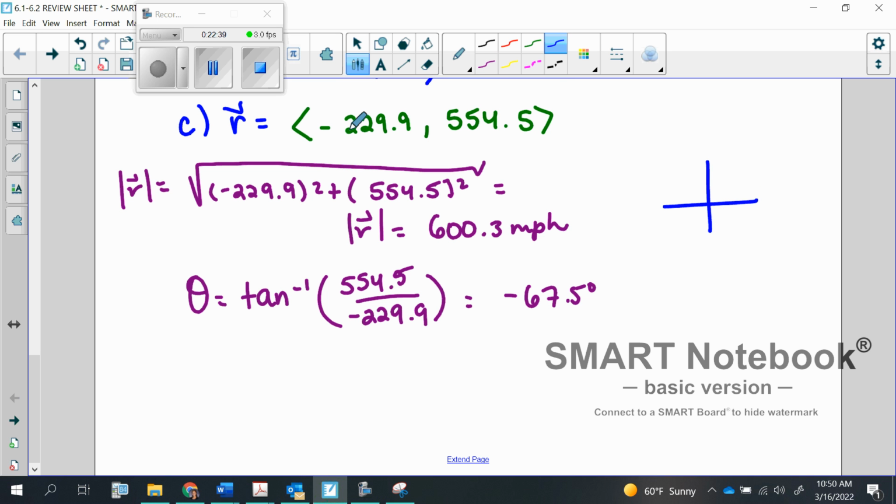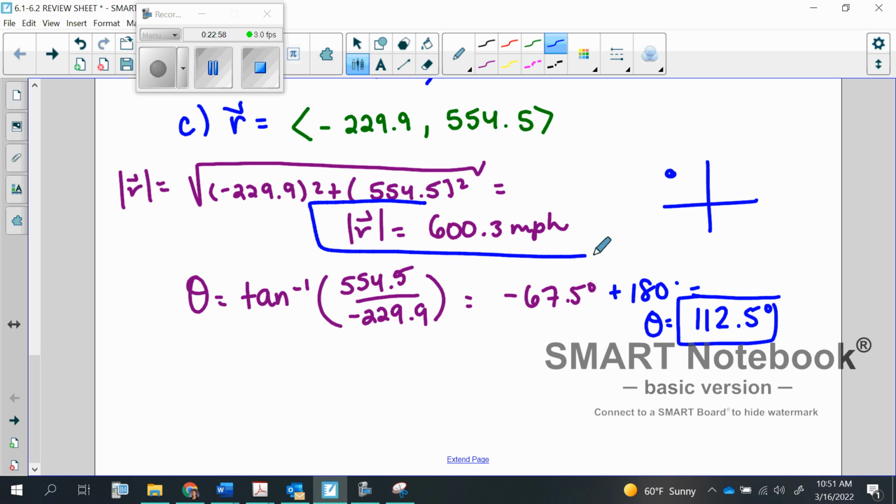Negative 229, 554 should be in quadrant 2. So I need to add 180 degrees to get that my true direction is 112.5 degrees. So I have my true speed, my true direction, and my true resultant vector.